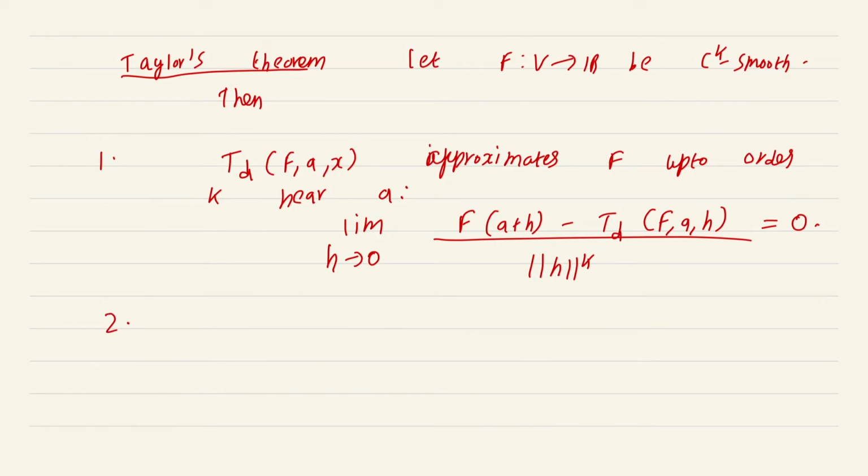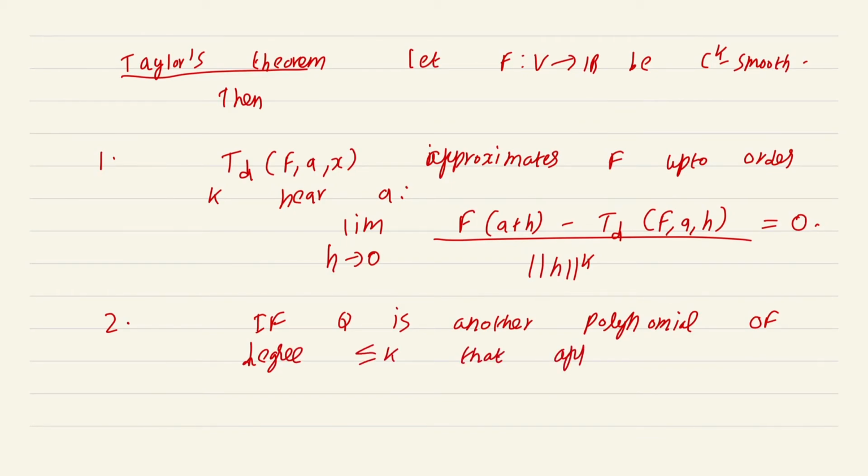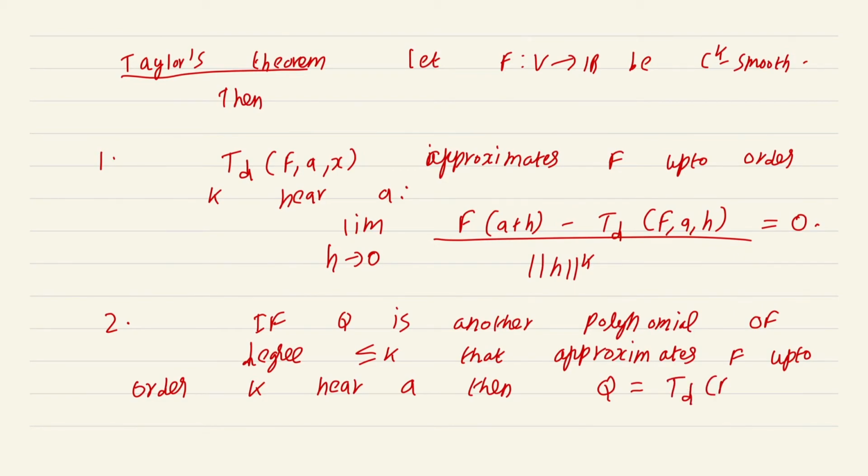Part 2 says if Q is another polynomial of degree less than or equal to k that approximates f up to order k near a, then Q is in fact equal to T, where T is equal to T_d f a (x).